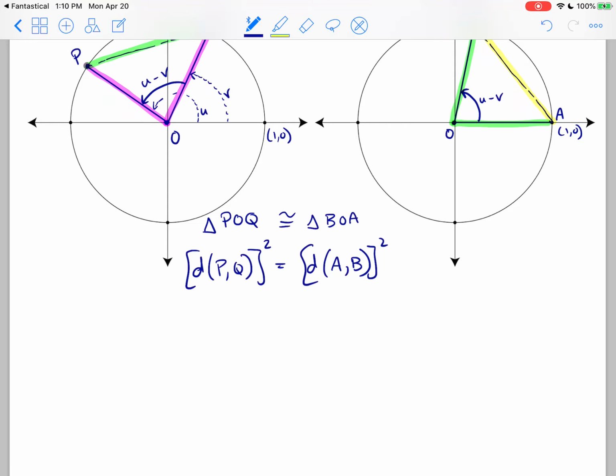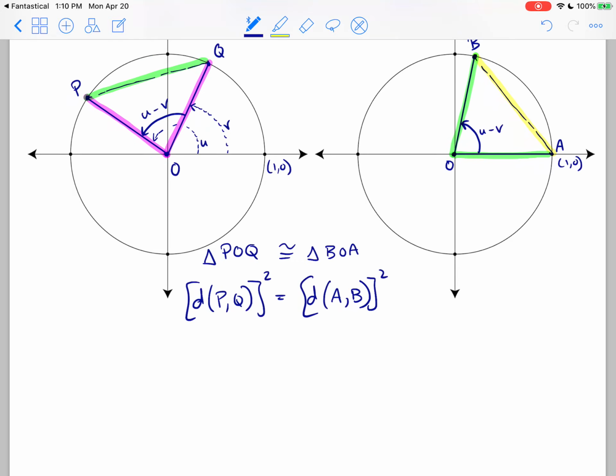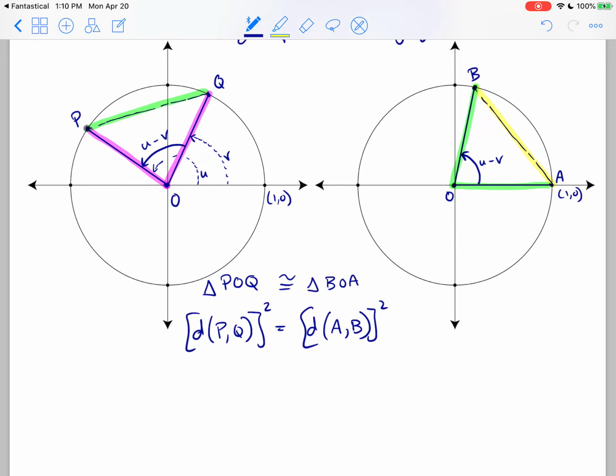So first, starting with the length of PQ, which is this first picture here, the distance between P and Q, I'm going to use the distance formula, it's going to be the change in the x values and the change in the y values.